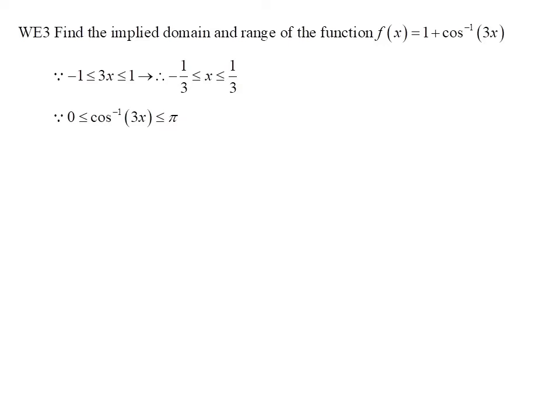Since the range of arc cosine of 3x is between 0 and pi, including both endpoints, the minimum value of f(x) equals 1 when x equals 1/3. However, the maximum value of f(x) equals 1 plus pi when x equals -1/3.